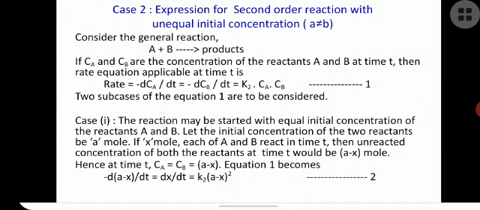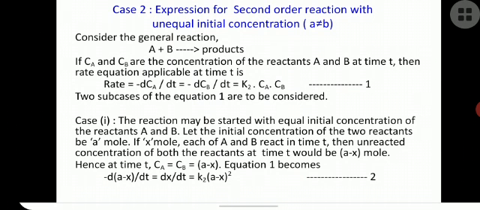If Ca and Cb are the concentration of the reactants A and B at time t, then rate equation applicable at time t is: rate is equal to minus dCa upon dt is equal to minus dCb upon dt is equal to k2 into Ca into Cb.